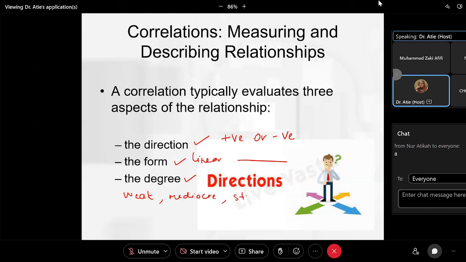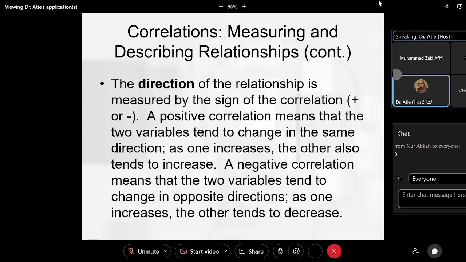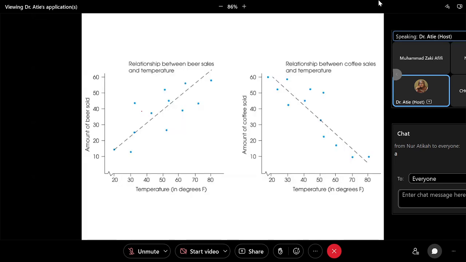That's the degree, meaning how strong. The direction is just to check whether it's positive or negative. For example, this one has a positive relationship, this one negative. But it's very hard when we use a scatter plot.